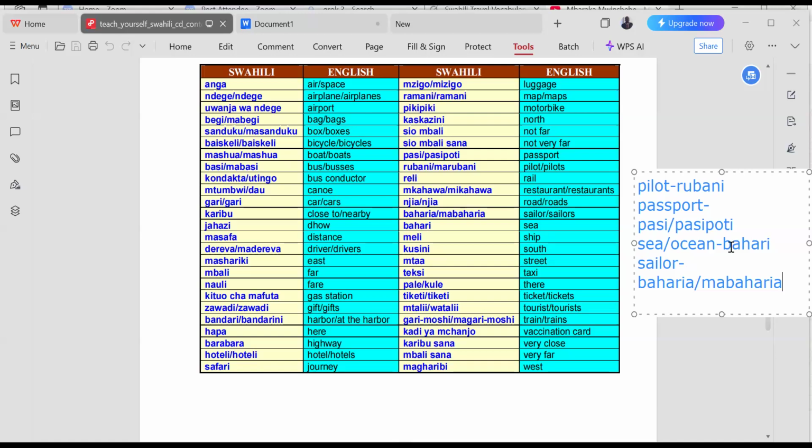Yes. I have a question. I'm just going through the vocabulary. Can you tell me the difference between karibu and karibu?